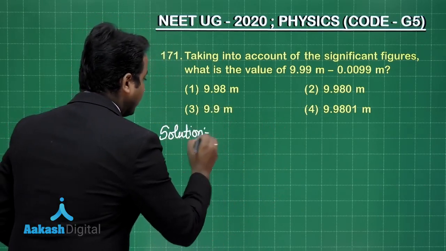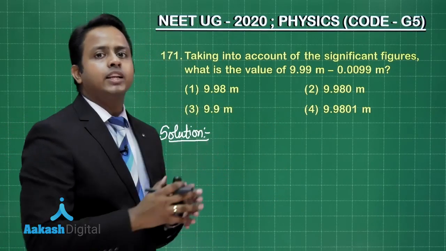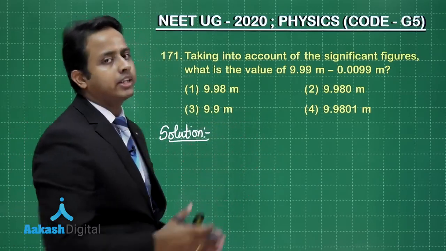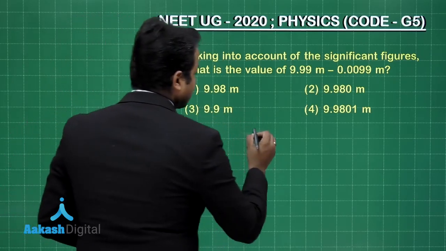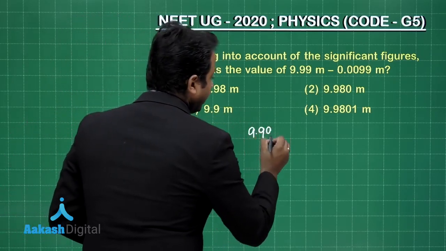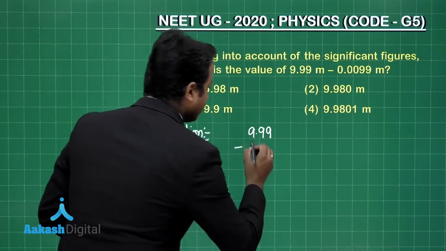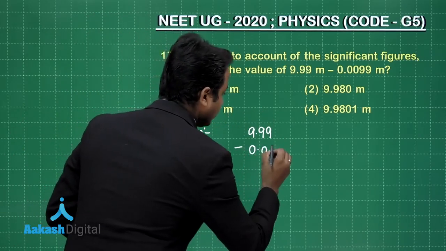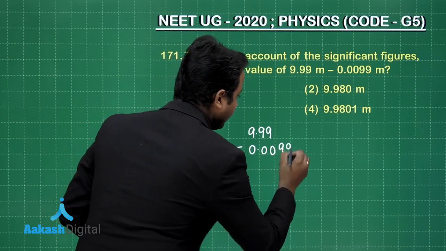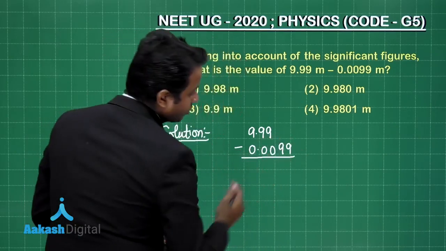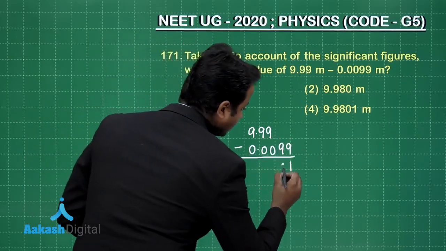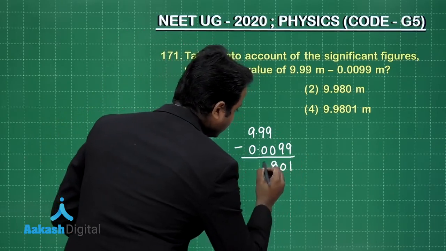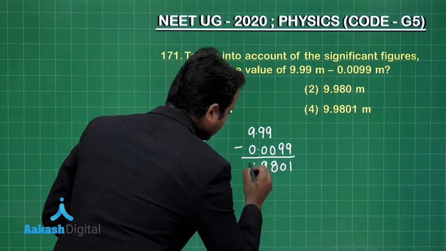Now I hope you remember the rule of significant figures while you are subtracting two numbers. First of all, let me just subtract it. 9.99 minus 0.0099. If I solve it, you will get 9.9801.